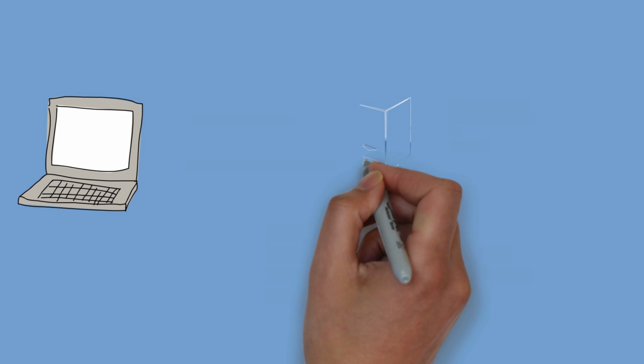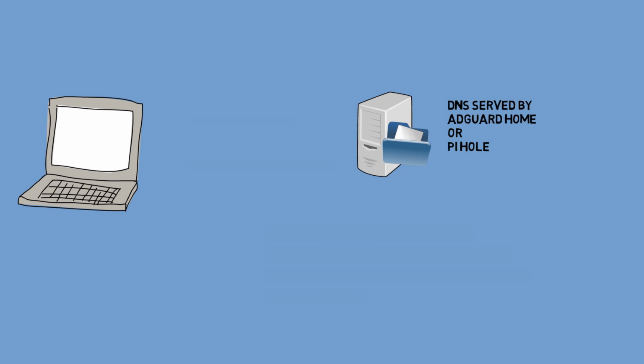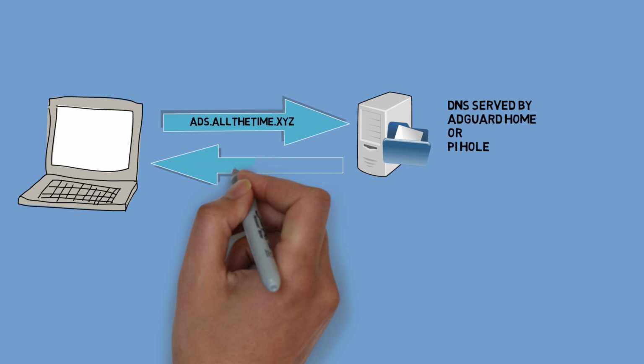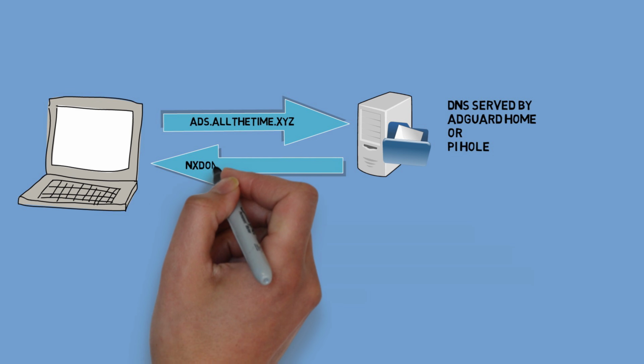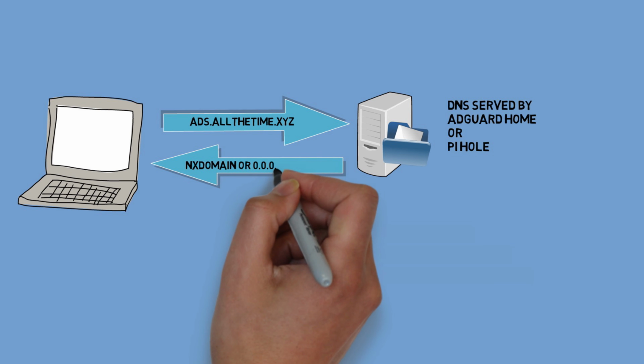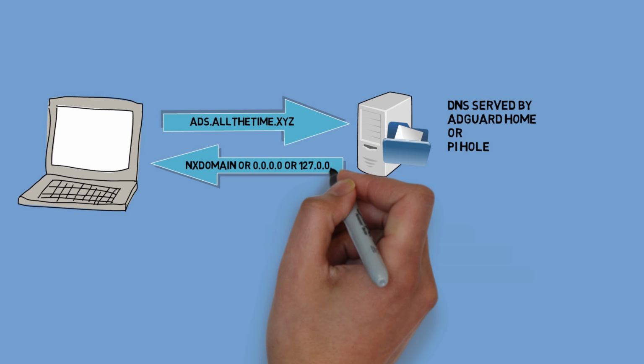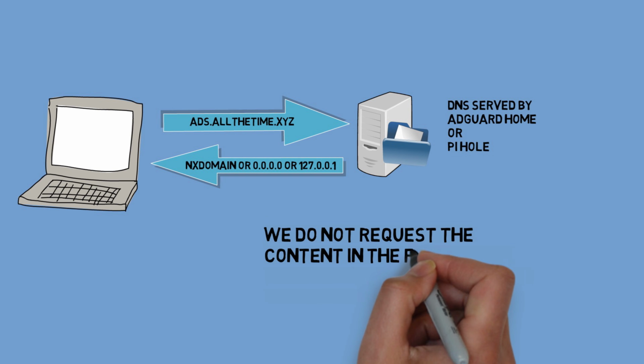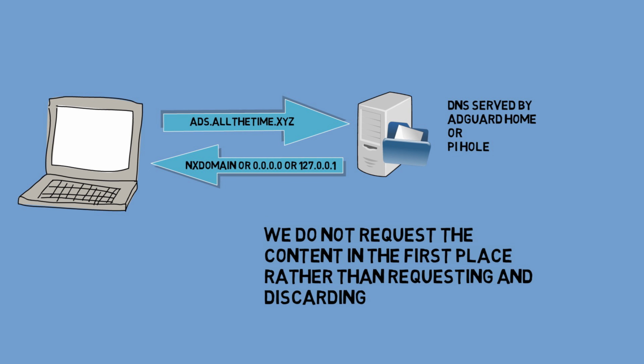That is, whenever a browser does a DNS lookup of one of those blacklisted sites, then we don't give back the real IP address of that site, but rather an address where there is nothing, such as the localhost address 127.0.0.1. The result would be that all those elements, cookies, ads, trackers, etc., would either not be delivered to the client or would just be shown as blank spots in the web page. The advantage of using DNS for this is that we wouldn't request the content and then throw it away, but rather never request it in the first place.